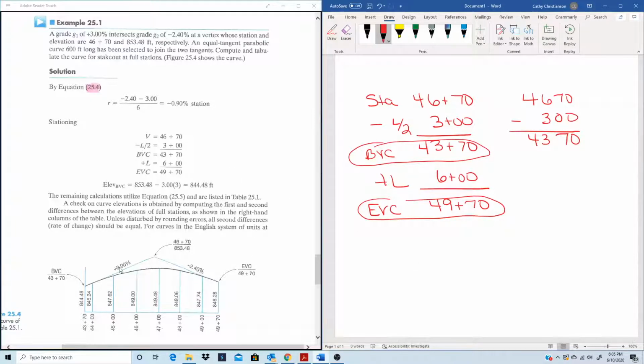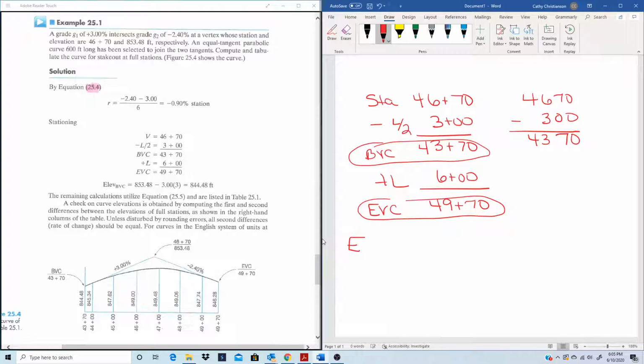Now I need to know what the elevation right here at the beginning vertical curve is. So we're just going to do a straight line grade from the 46 plus 70 on a 3% down to get to this station, to get this elevation.